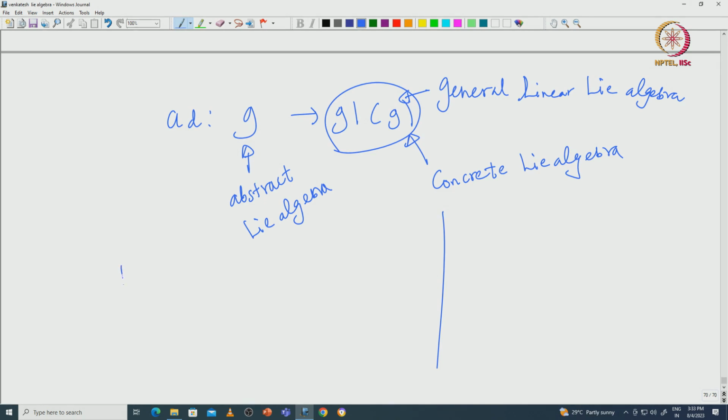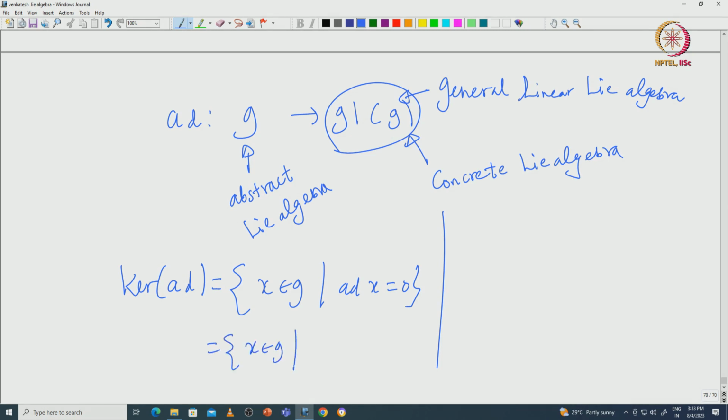But what is the kernel of the adjoint map? The kernel of this adjoint map is those x in G such that ad x is 0. But ad x is 0 means what? ad x is 0 on G. So, that means those x in G such that bracket x y is 0 for all y in G. Okay.